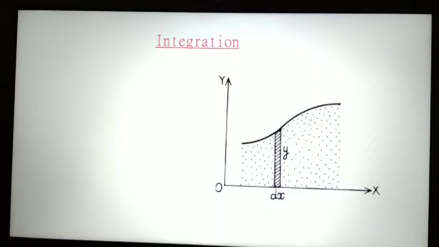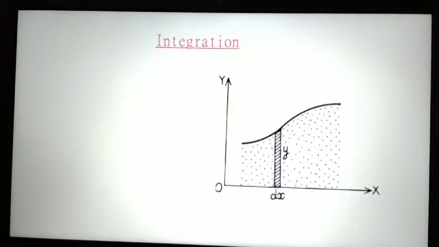But when you consider an area y dx in between the left extreme and right extreme, the left extreme's corresponding x component will be x1, the corresponding y component will be y of x1 or f of x1, and the last point is x2, with the corresponding y value f of x2.